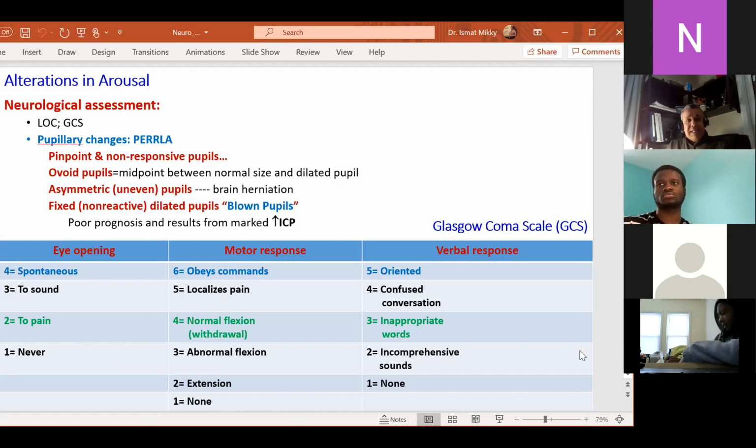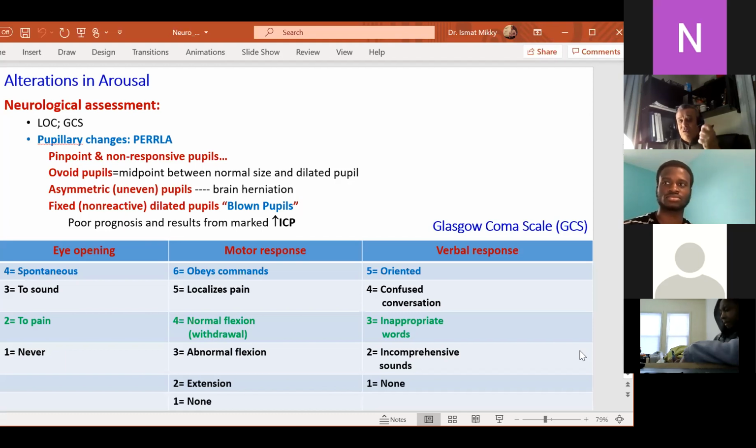In the neurological assessment, we focus on the awareness and on the pupils, right? But we don't go into what is called the Glasgow Coma Scale. A change in the pupils, like pinpoint and non-responsive pupils, is not a good sign because that could indicate brainstem dysfunction.